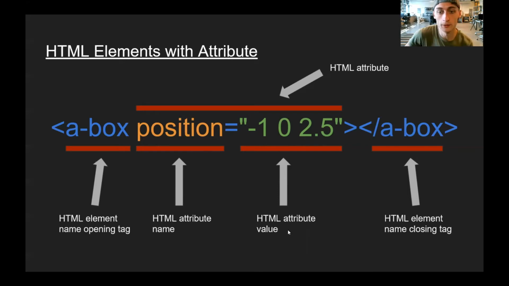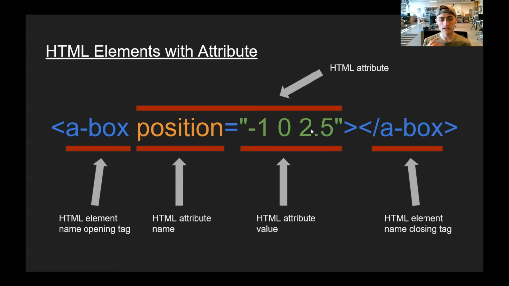So you're probably wondering why we have 3 numbers spaced out in the quotation marks. The actual value that you have to provide the attribute depends on what kind of attribute it is. So if it's a position, you have to give it an X, a Y, and a Z value. And that's essentially what we have here. So our -1 is our X, our 0 is the Y, and then our 2.5 is the Z.